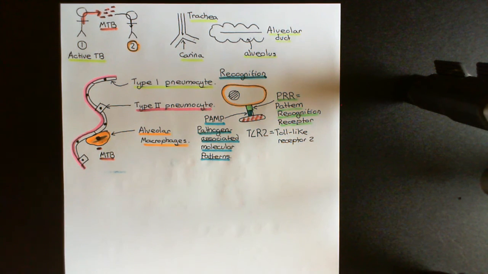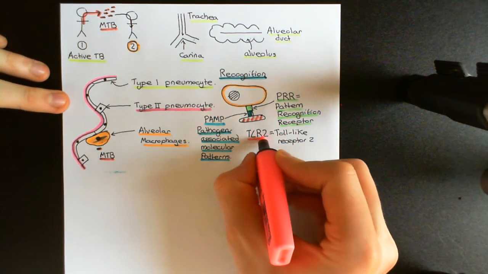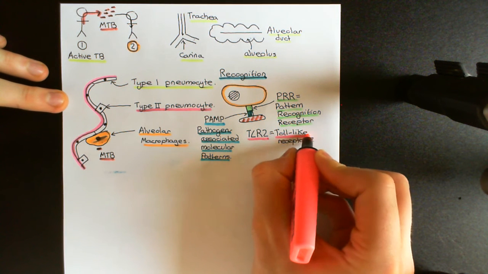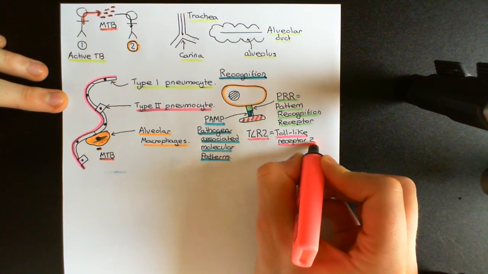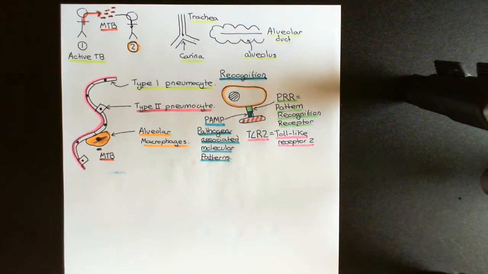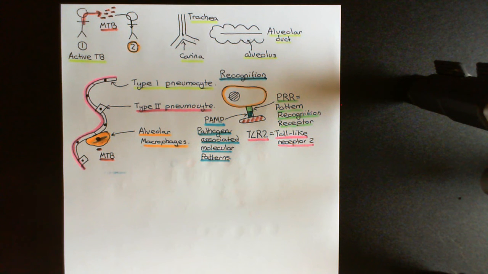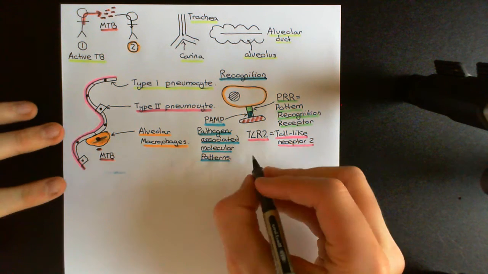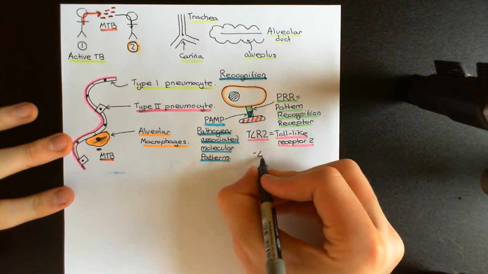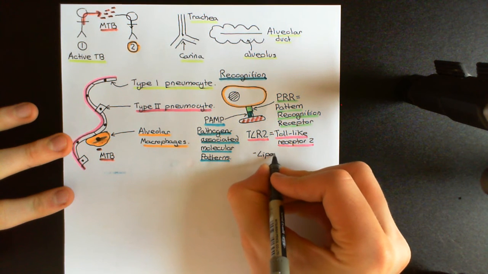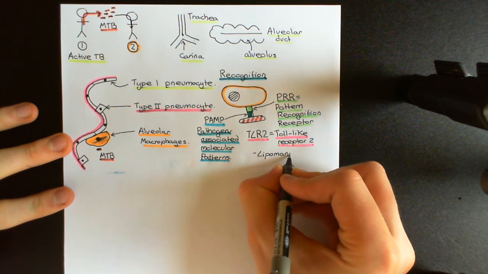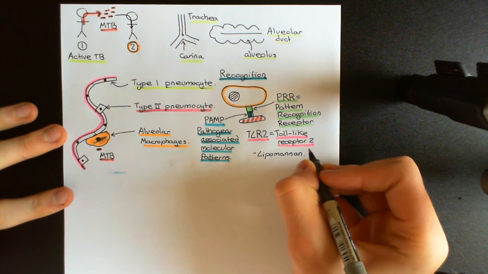And the pathogen-associated molecular pattern that toll-like receptor 2 can recognize is actually a molecule that we have discussed already. A molecule that, for this very reason, I brought up. That molecule was lipomannan molecules. So toll-like receptor 2 can actually be activated by lipomannan molecules.